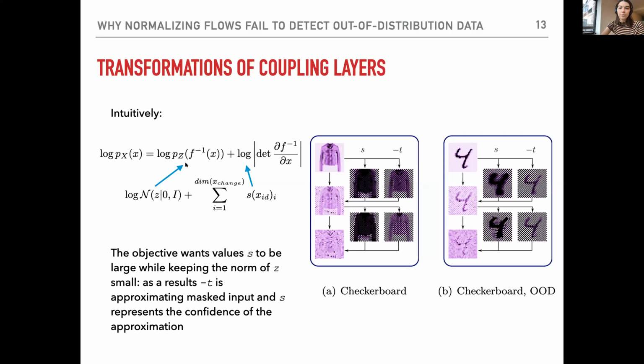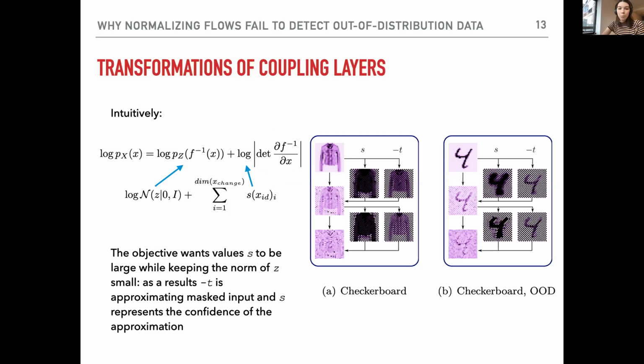The first term is pushing Z to 0, as it will achieve the maximum value when it's close to 0. The second term is large when the predicted scale is large, because the total determinant of the Jacobian will be just the sum of all scales from all the coupling layers.